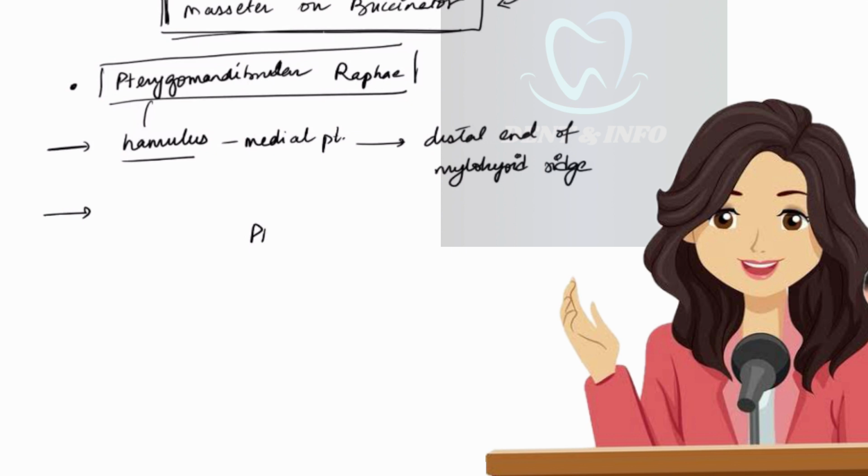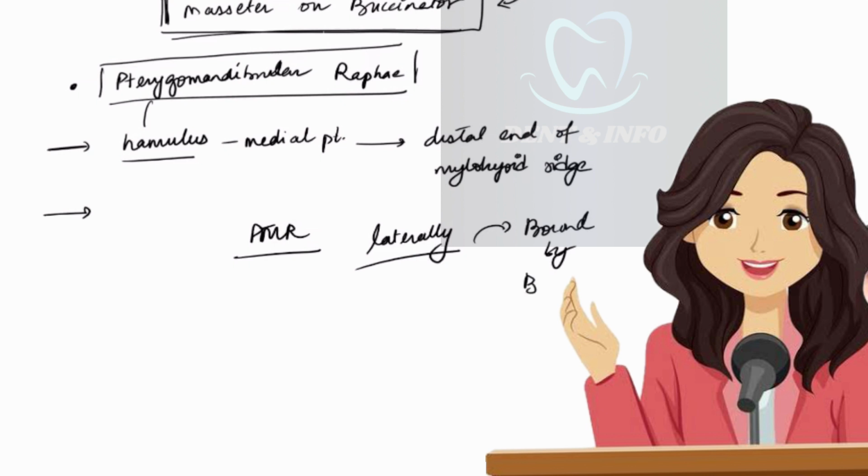What is it actually? Pterygomandibular raphe. If we see laterally, it will be bound by buccinator. Because if you see the mandible as a whole, the raphe comes downwards like this. On the outer side is buccinator. On its outer side is again masseter. On the inner side, pharyngeal muscles will come.